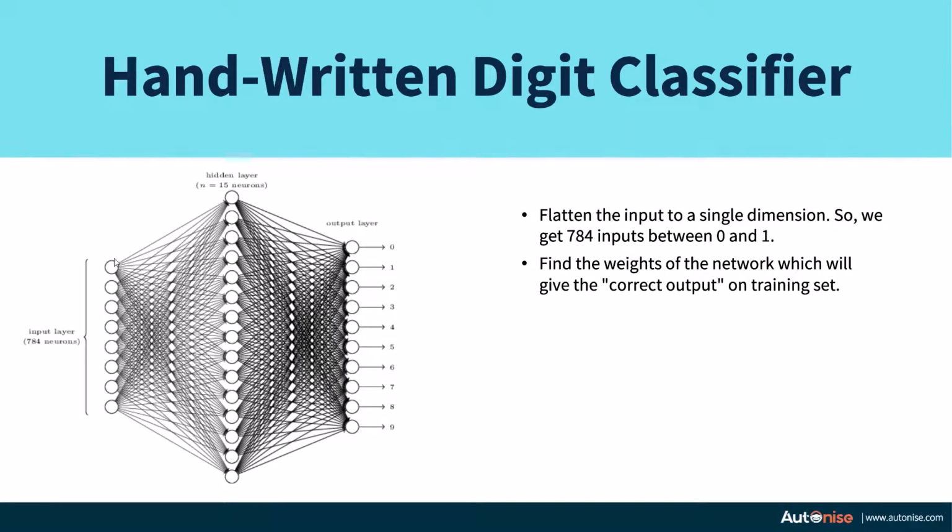Similarly, if we give it an image of let's say 9, then all should be 0 except for the last output neuron. If we are able to find a network architecture which has weights such that when you give in the image corresponding to 9, it gives an output of the ninth neuron as 1, then our task is solved. That is what we want to achieve.